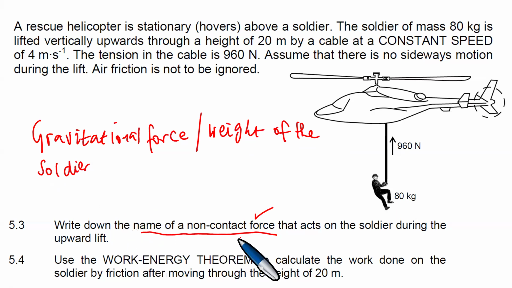So that is the non-contact force that acts on the soldier during the upward lift. It is the gravitational force, which you call the weight of the soldier. And we move forward.